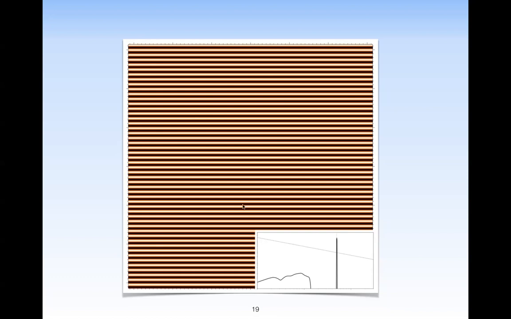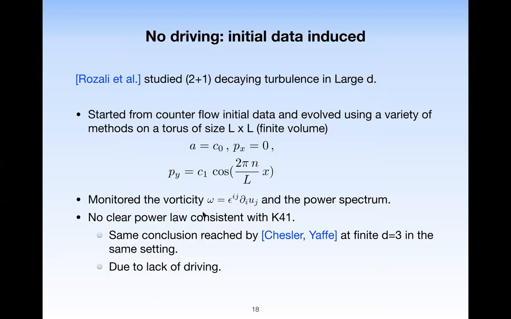Hi, Christiana, sorry, can I ask you a question? Hi, this is Nabil. Hi, Nabil. How is the energy related to P and A again, exactly? What do you mean by that? I think you might have shown this, but I think I missed it. Is the energy equal to A exactly, or is it A plus P squared or something like that? Yes, actually, you haven't missed it. I just haven't shown it. There's a relation between the fluid variables and what I'm calling here A and P, but I didn't show it.